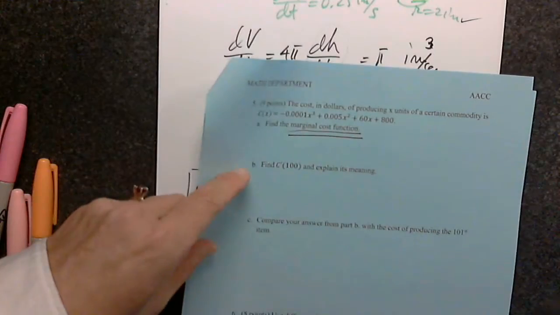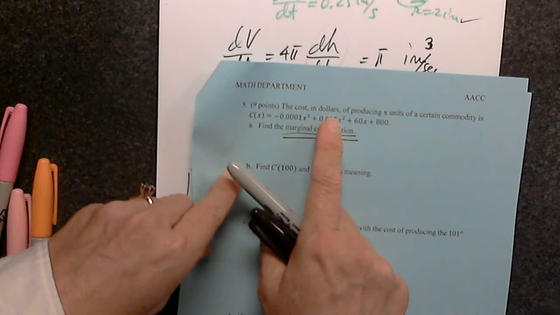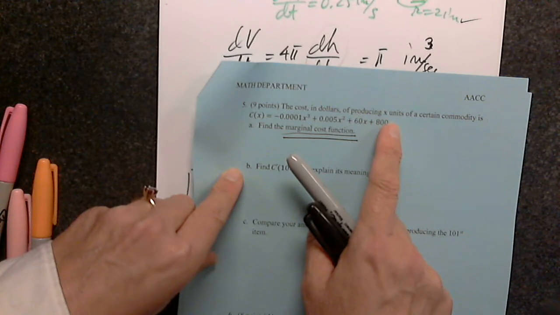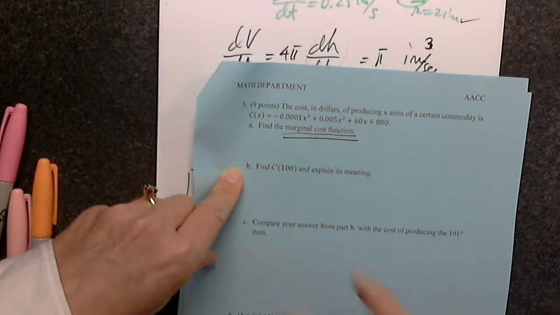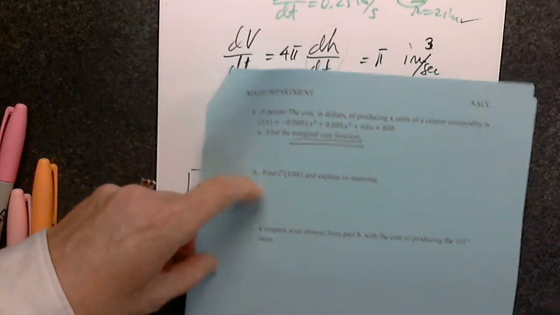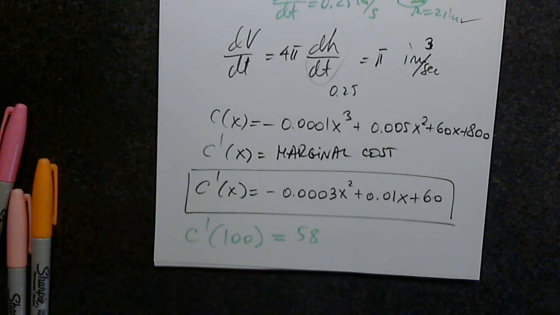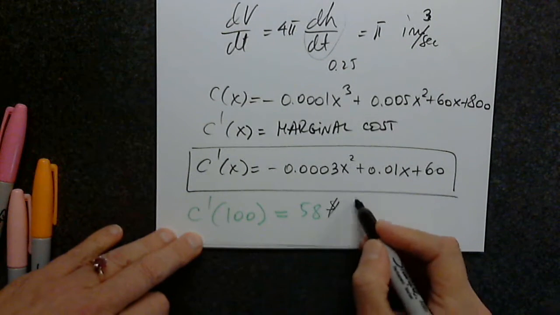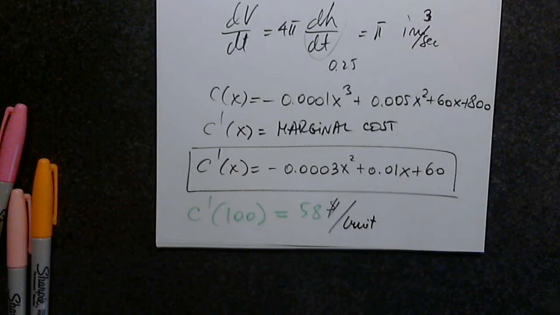So let's read the problem one more time. The cost in dollars of producing x units is... So c prime of 100, and we have to explain its meaning, but we also have to find its measurement unit first. Dollars per unit? Of course, thank you very much. $58 per unit. Now we have to explain its meaning, and we can put it in writing.